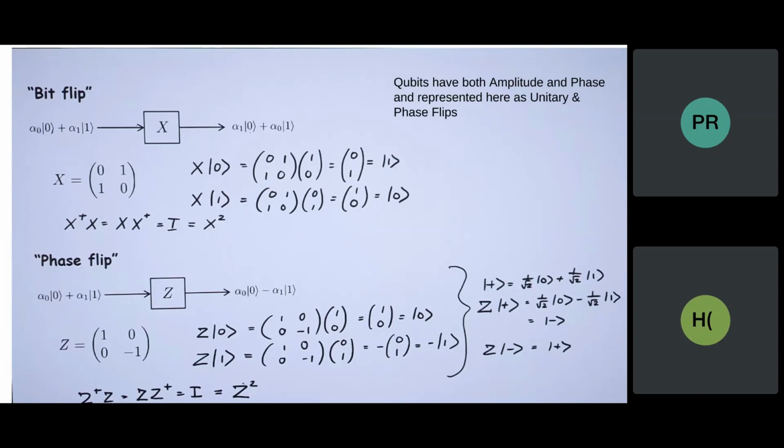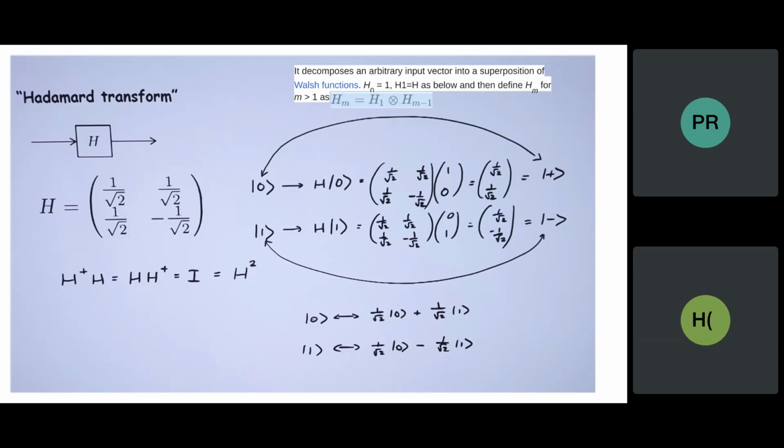The projections for x and y rotate into the next 45 degree space, and you get sine cos 1 by root 2. Only thing is, one of them goes plus, one of them minus. That's what is represented here. So I'll move on to the next, the Hadamard transform.